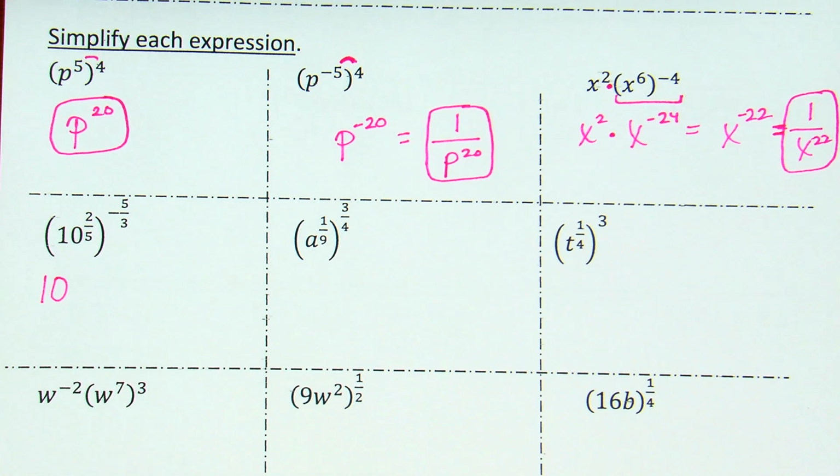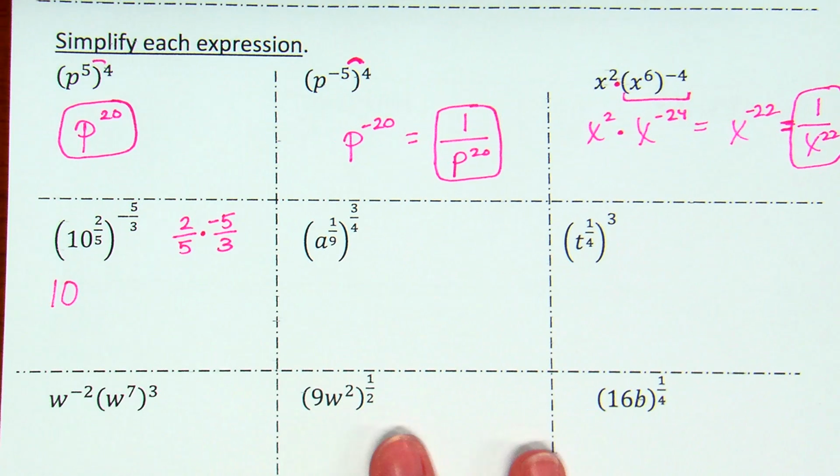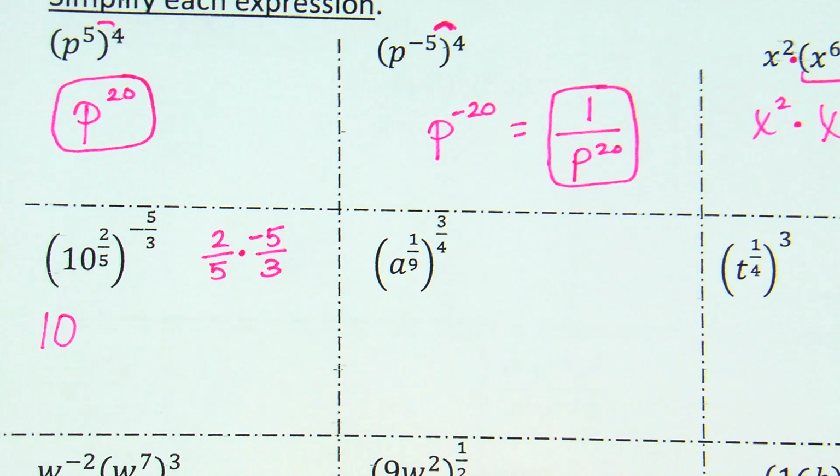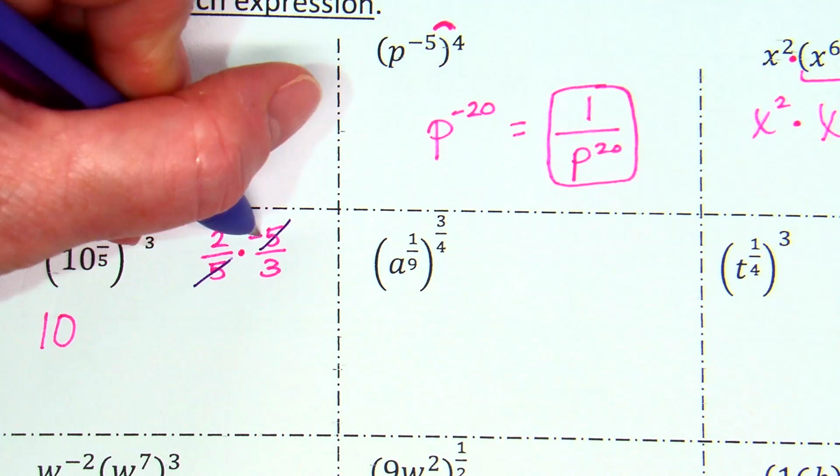So, we're doing 2/5 times -5/3. What do you notice about those fractions? The 5s are one on top, one on bottom, yes? I'm going to say that we can cancel them. A 5 on bottom cancels with a 5 on top. Now, don't lose that negative, though. That negative's still there.